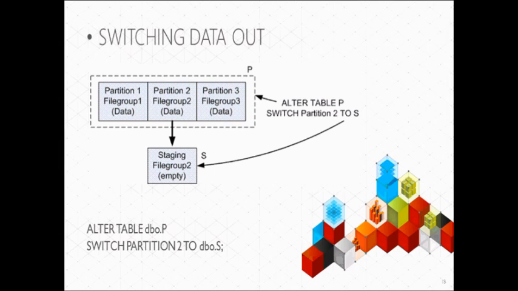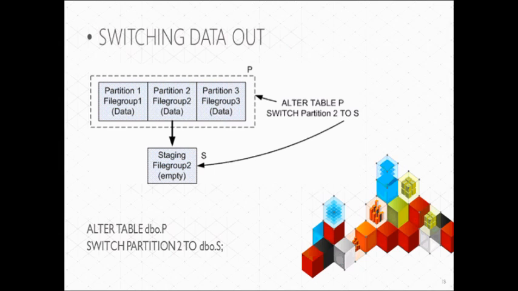The check constraint may not be required, but it's a good practice, in case partition column values are accidentally edited or modified, which would take them out of the original range. It allows you to switch the staging table back to the partition table if needed.